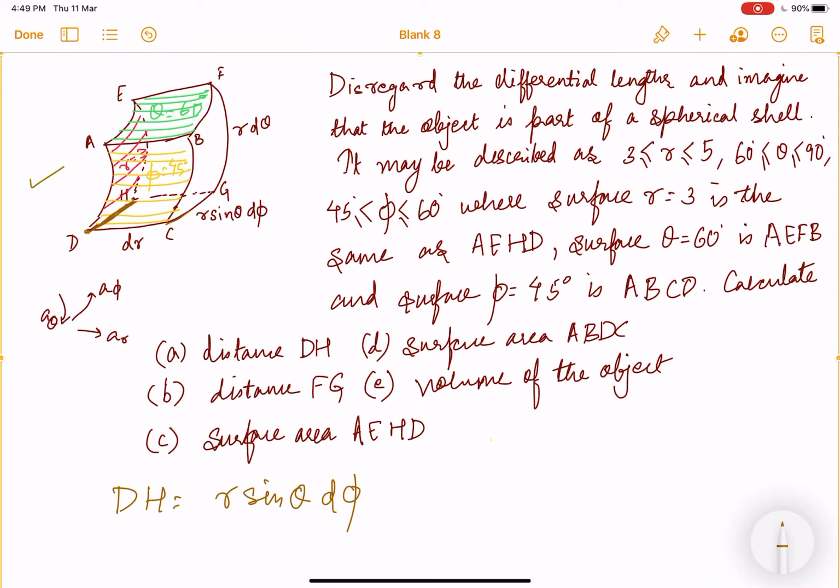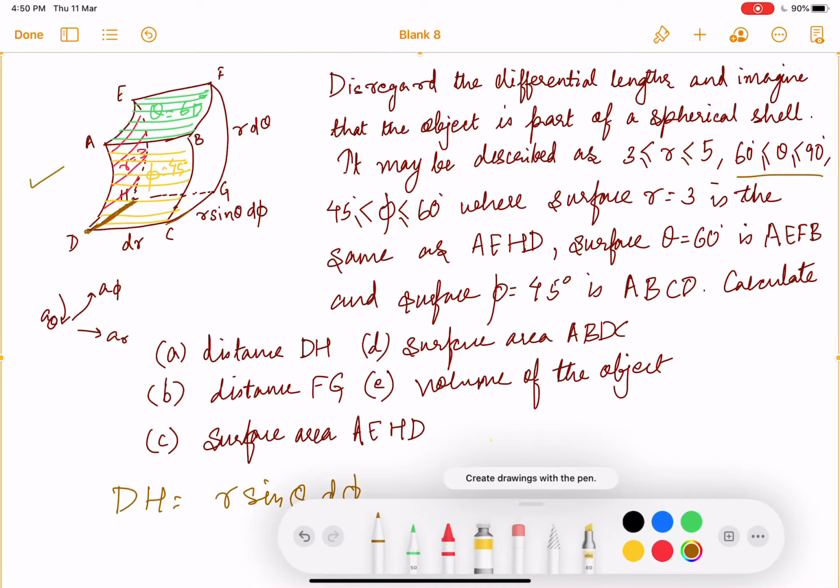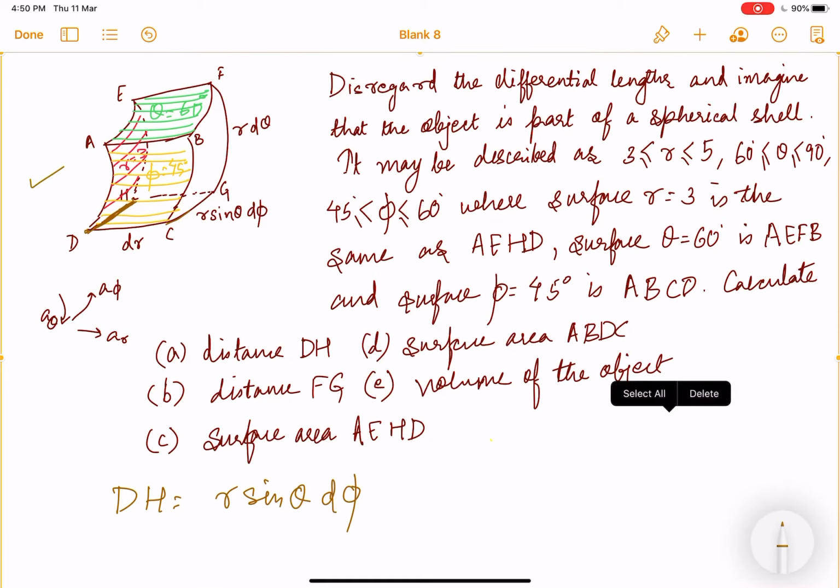As you can see, the top surface theta is equal to 60 degrees, that is AEFB is 60 degrees, and we can see in our limits that theta varies from 60 to 90 degrees. That means if my top surface is theta is equal to 60 degrees, then my base, that is DHCG, will be theta is equal to 90 degrees.